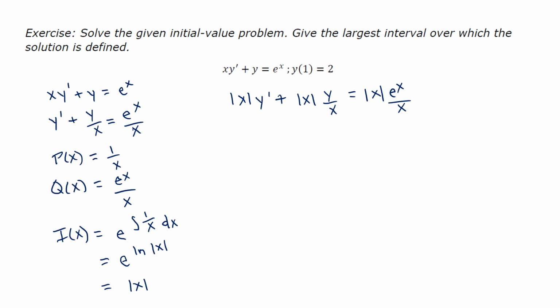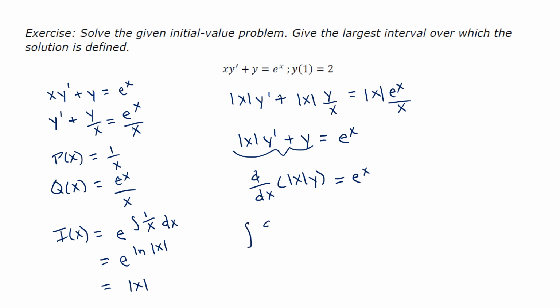Simplifying, we get the absolute value of x y prime plus y equals e to the power x. We then can rewrite the left side as the answer to the product rule of the derivative of the absolute value of x y over dx, and that equals e to the x. We then will integrate both sides.